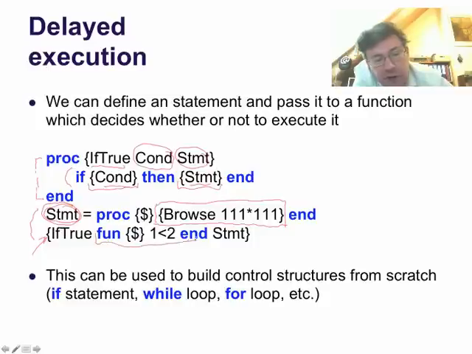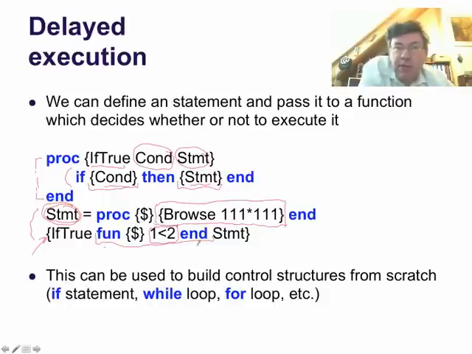And then the condition here, I put any Boolean expression, 1 less than 2, inside a zero-argument function, and it will be evaluated inside IfTrue. So you see, I have made the difference between declaring a function or procedure, which wraps any statement or expression, and then I decide to execute that statement or expression later.